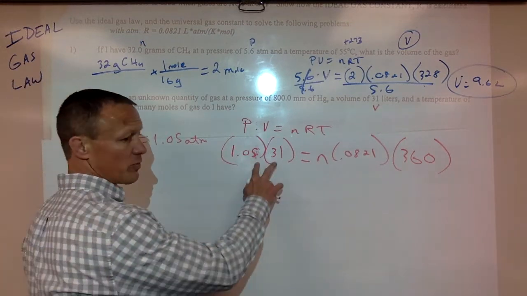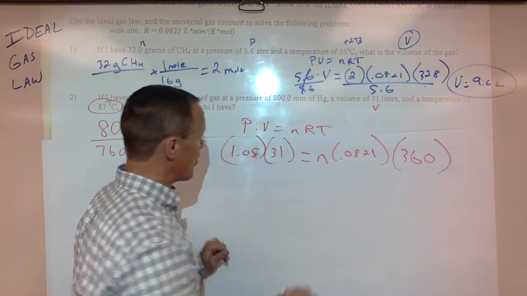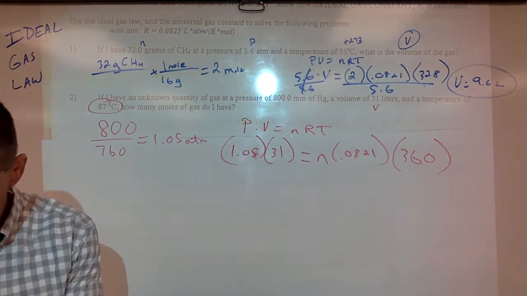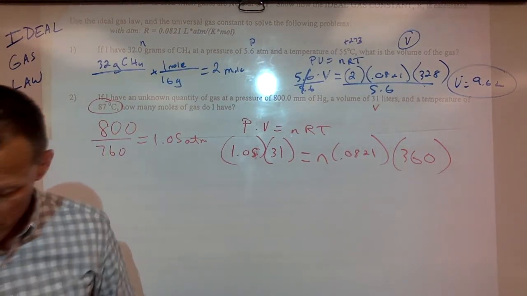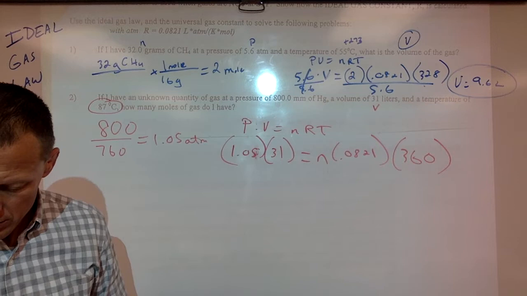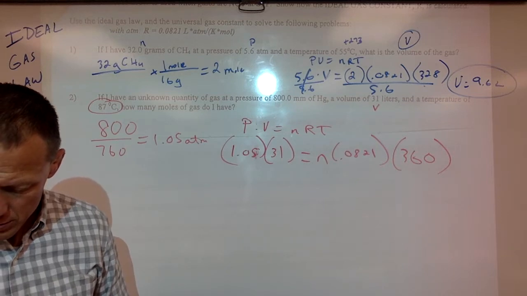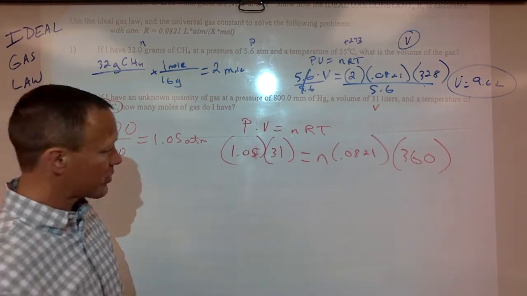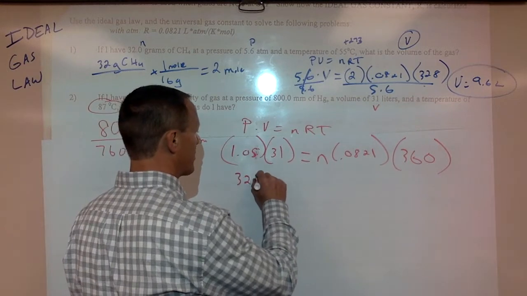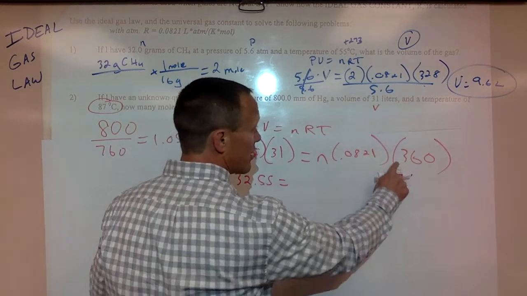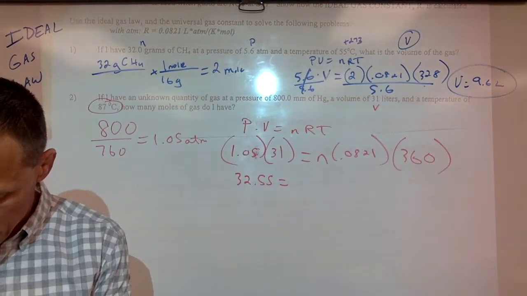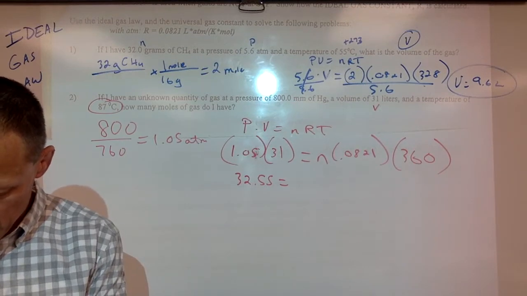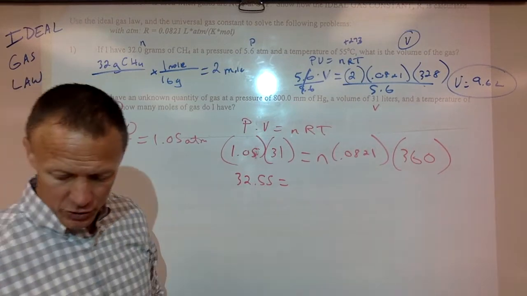So if we're doing this, we're going to multiply these two numbers. Okay, 1.05 times 31, which is 32.55. 0.0821 times 360 is 29.6.